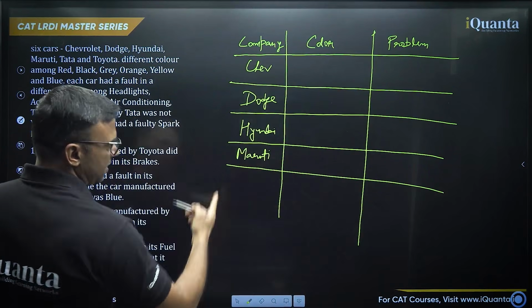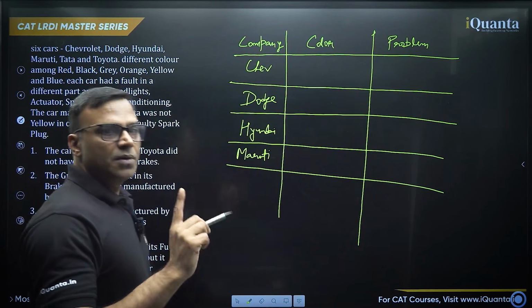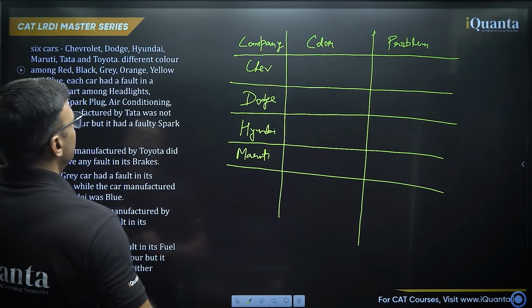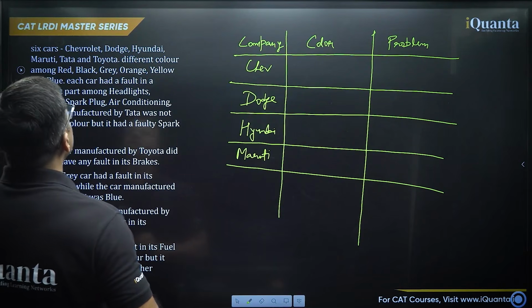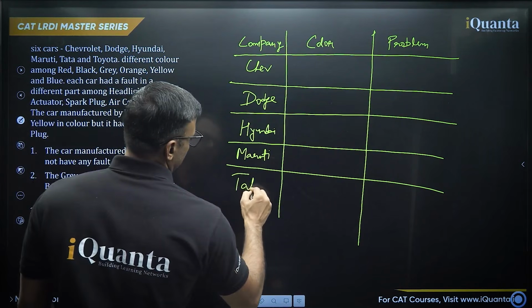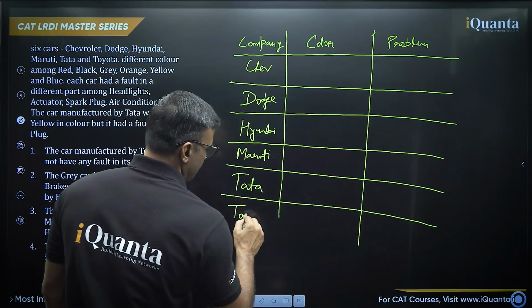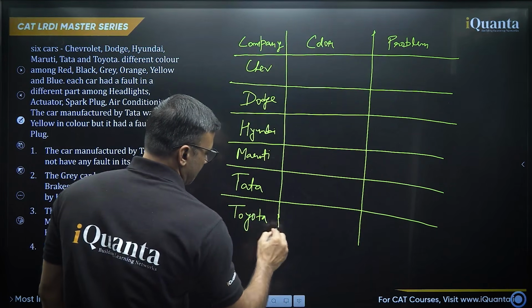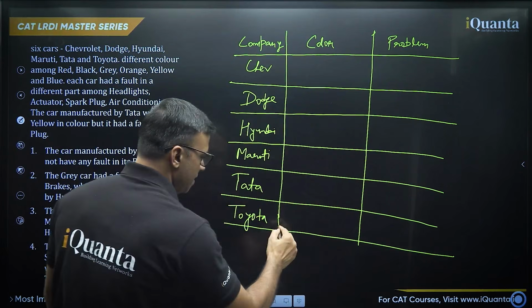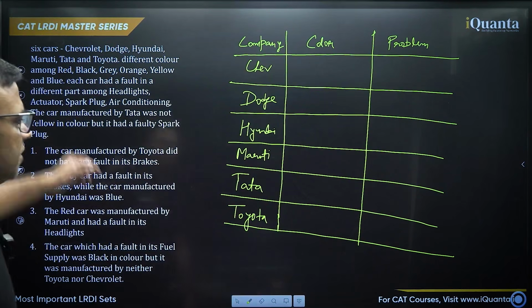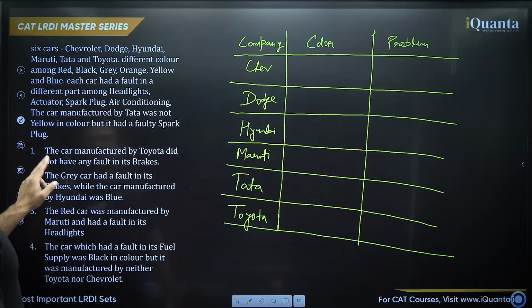Make sure that you do all these things with your own hands, with pen and paper. Maruti, then we have Tata and Toyota. Now whatever information we get, we keep putting here or we keep eliminating. Alright, so let's go through the information there.